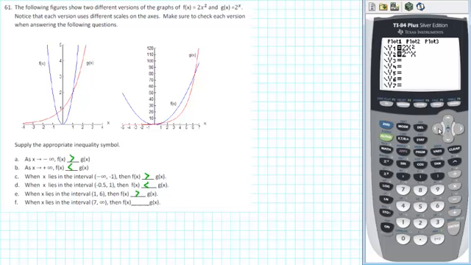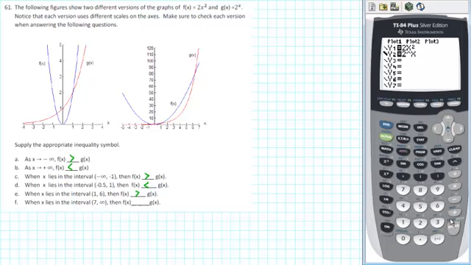To differentiate the two functions, we'll change the style of g of x. Move to the left of y2 and press enter to change the style from regular to thick. So the graph of f of x will be regular and the graph of g of x will be thick.